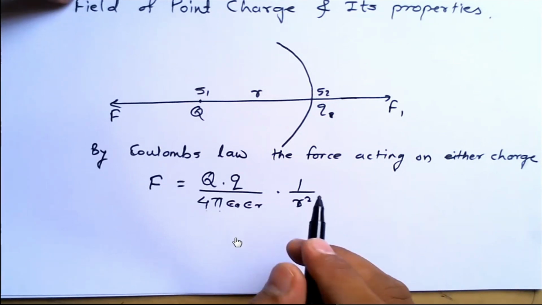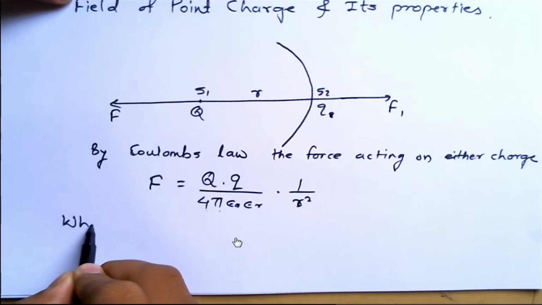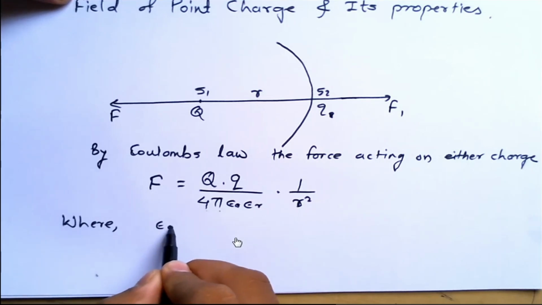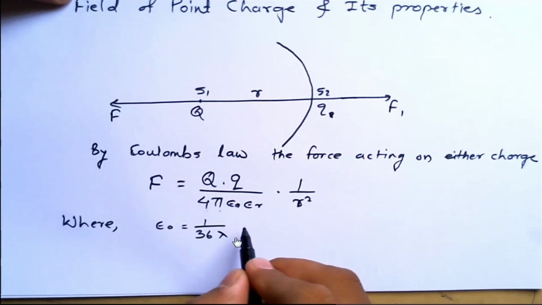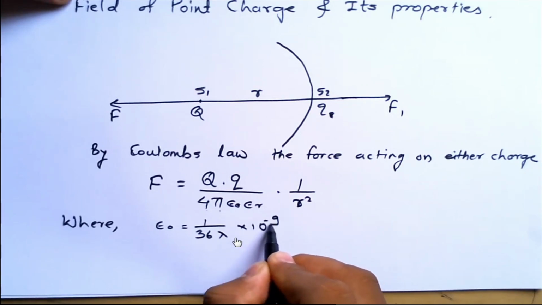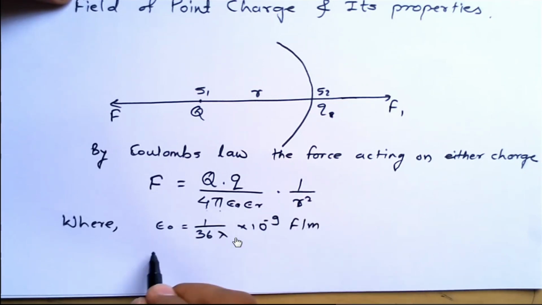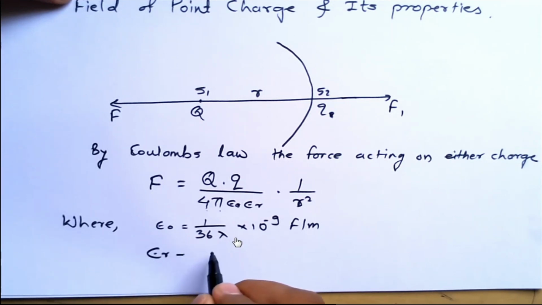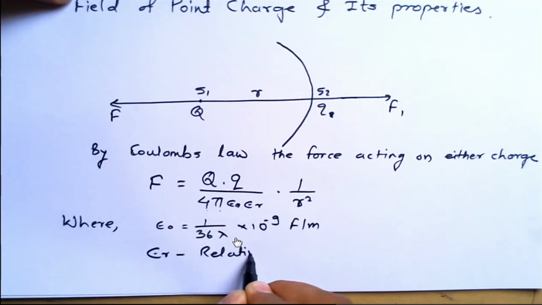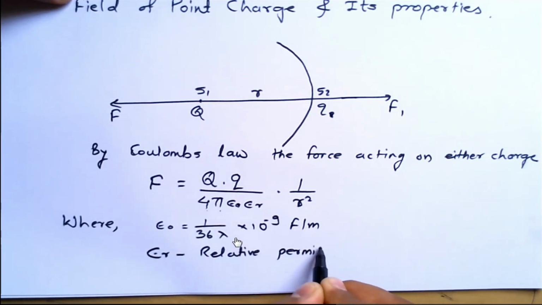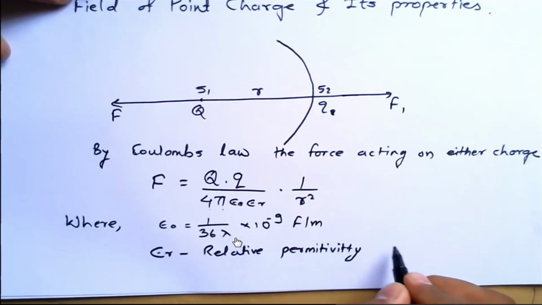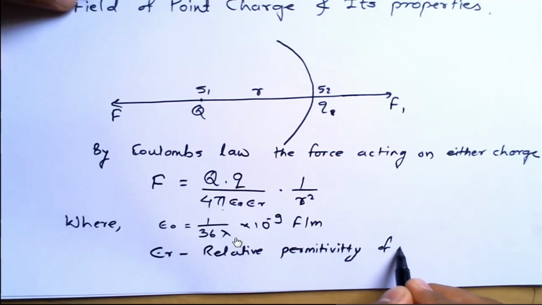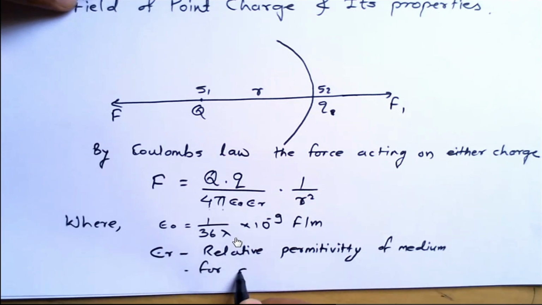Where this epsilon 0 is equal to 1 upon 36 pi into 10 raised to minus 9, and epsilon r is nothing but the relative permittivity of the medium, and you know that for air it is equal to 1.